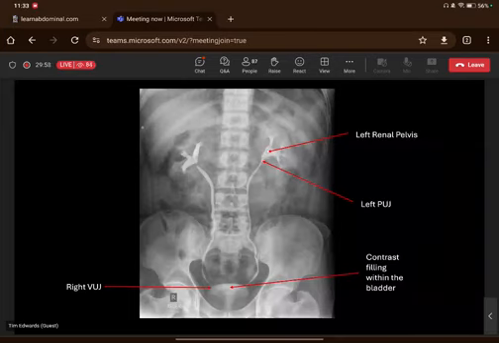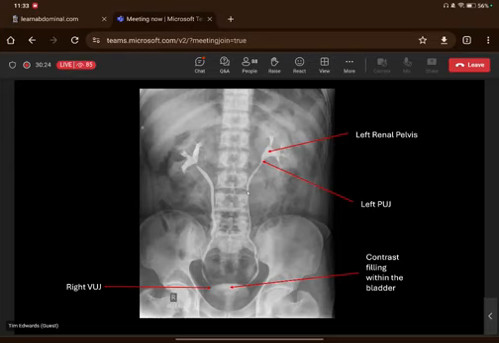You can even see the minor calyces draining into the major calyces, and then the renal pelvis. And then when you see this first constriction, where the renal pelvis courses into the left ureter, that's the pelvic ureteric junction, and that's one of those areas of constriction that I spoke about before.